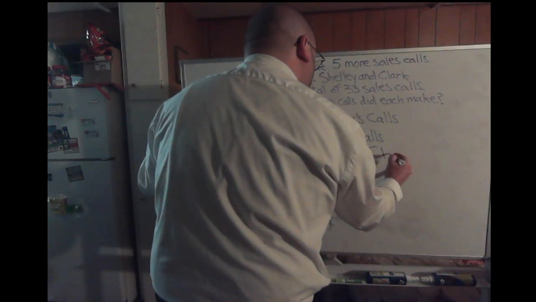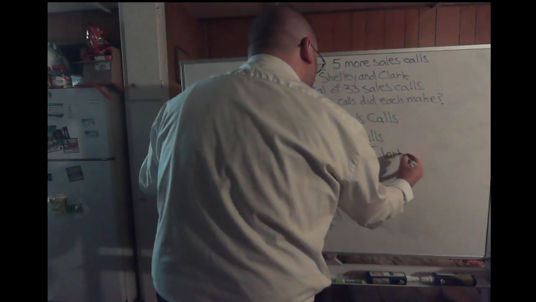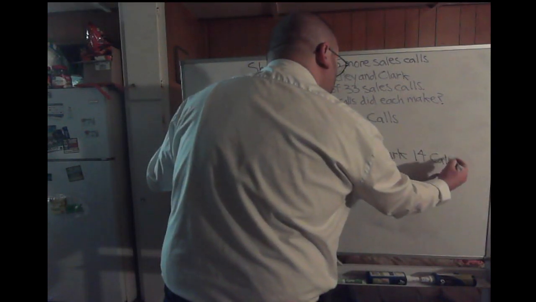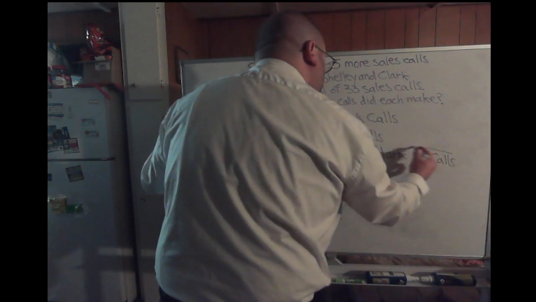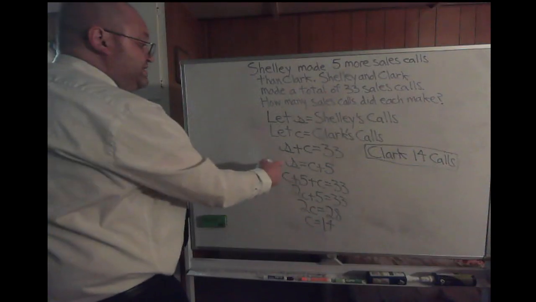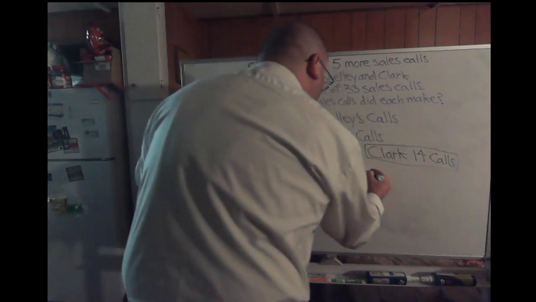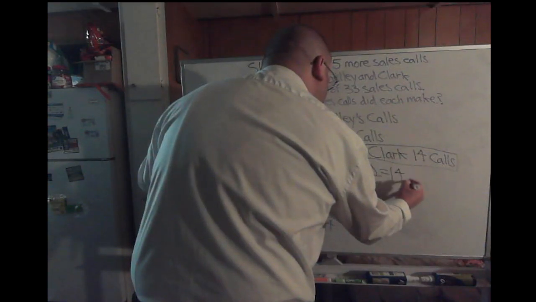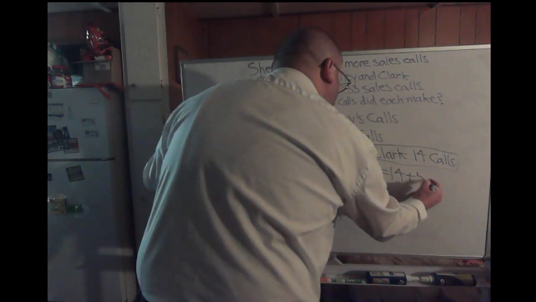So Clark went ahead and made 14 sales calls. Now it says that Shelley made 5 more calls than Clark, so Shelley's is equal to Clark's number of 14 plus 5.